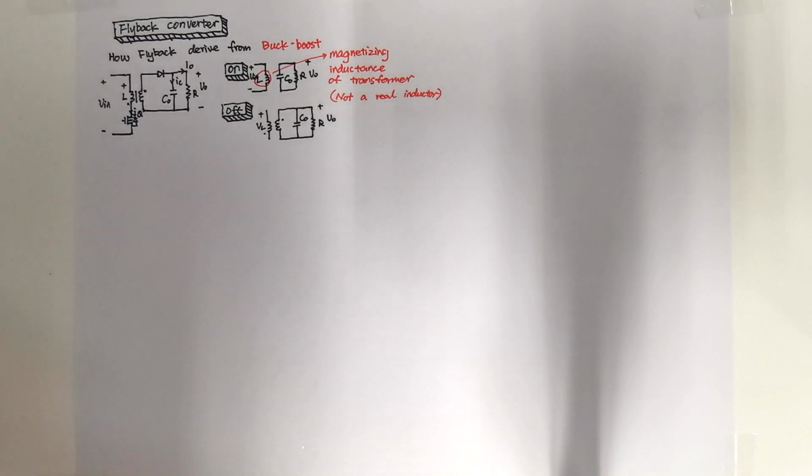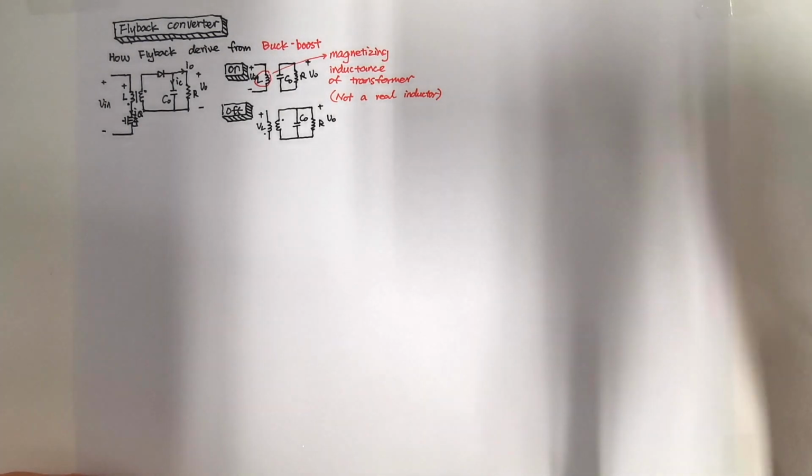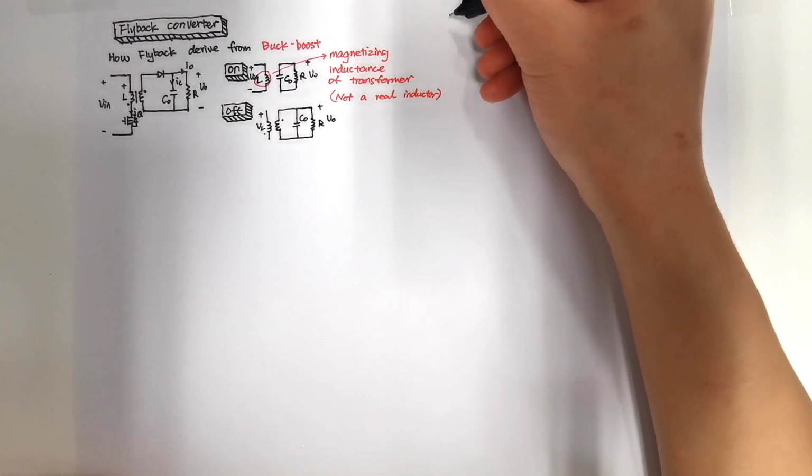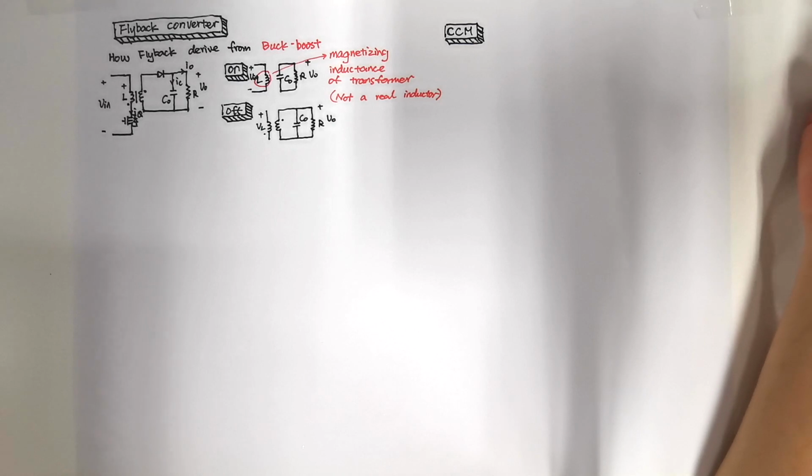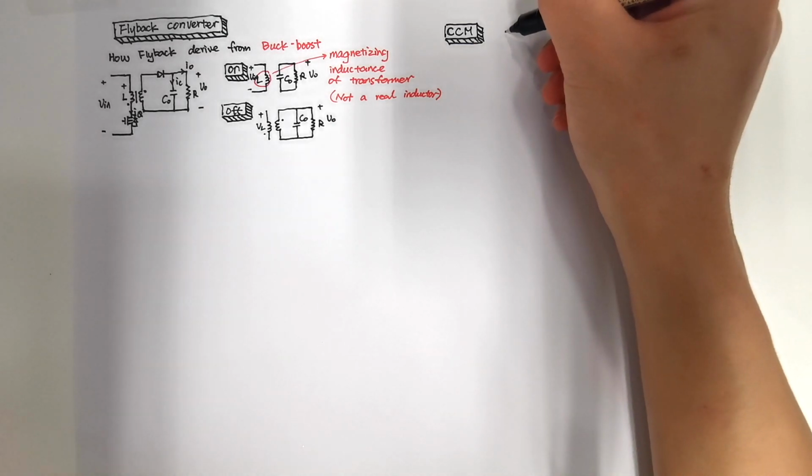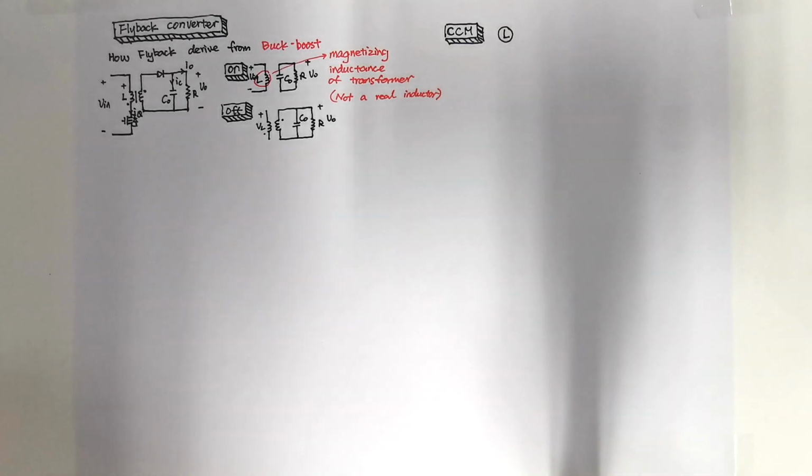Okay, let's first still analyze the CCM mode. The same as other converters, first of all, we look at the inductor. So we first plot the voltage waveform and current waveform of the inductor.